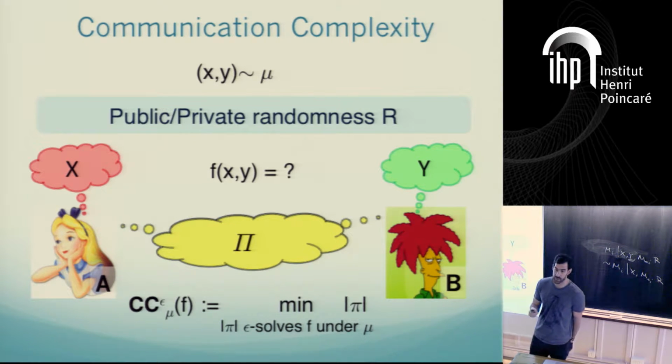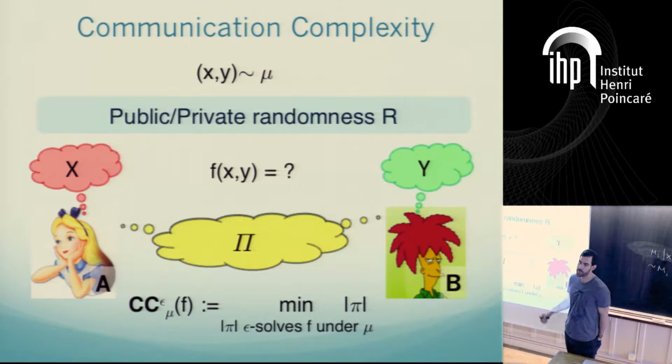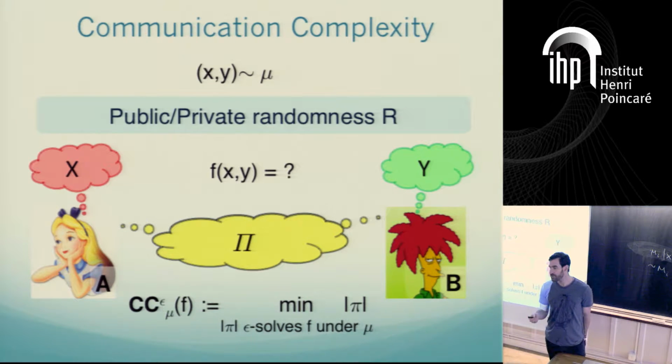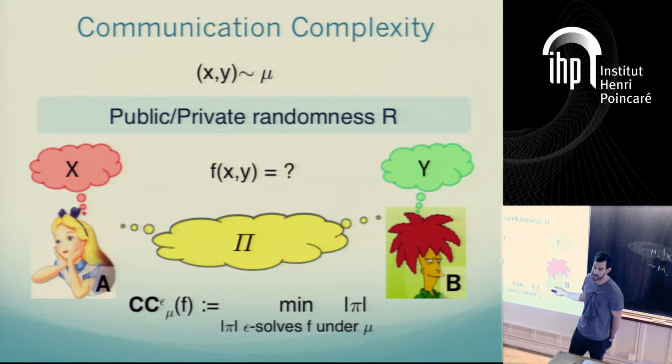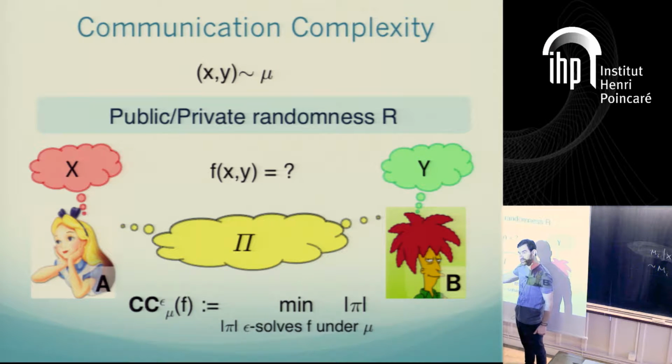Of course, using Markov, suppose the protocol communicates C bits in expectation, then if you're willing to increase your error by a factor of 2, you can always use Markov and translate this into a worst case. So you can always truncate the protocol, right? So you've got randomness, right? Then it's worst case over the distribution.